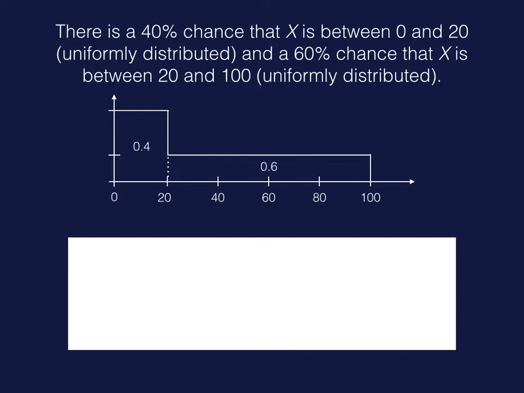And the two rectangles, as the problem states, have areas of 0.4 and 0.6. So with that in mind, we need to figure out what the heights of each rectangle are. The height of the 0.4 rectangle is 0.02, and the height of the longer, shorter rectangle is 0.0075. This guarantees that the two rectangles have the correct areas and that we have a total area of 1.